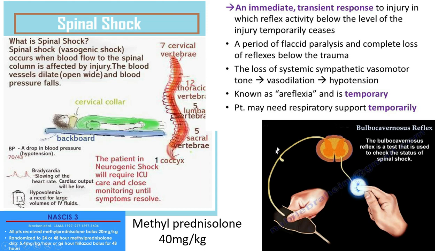So if this reflex arc comes back into normal action, then we can assess that the patient has come back from spinal shock. In the meantime you have to give supportive treatment, a hard vehicle collar, and do an MRI.